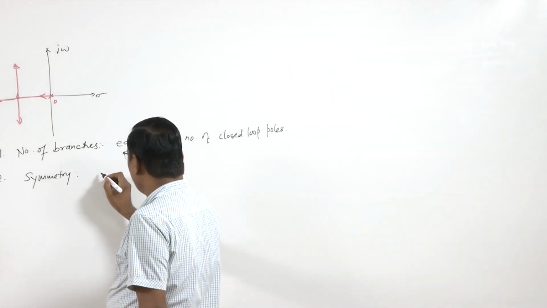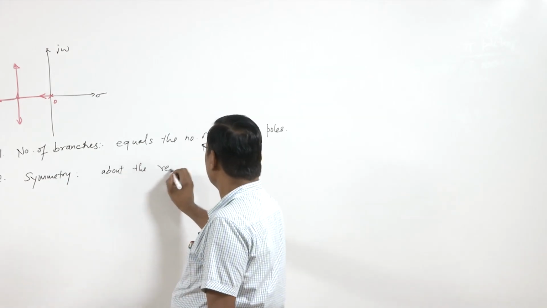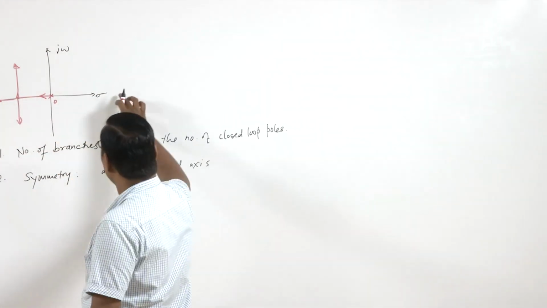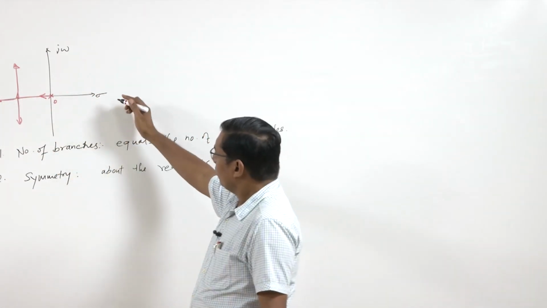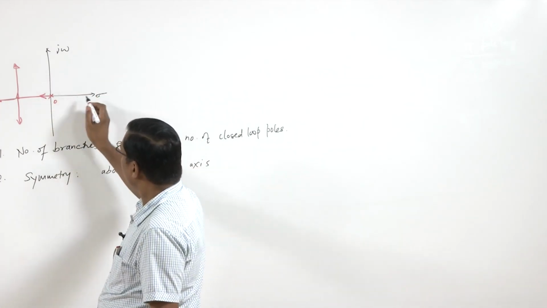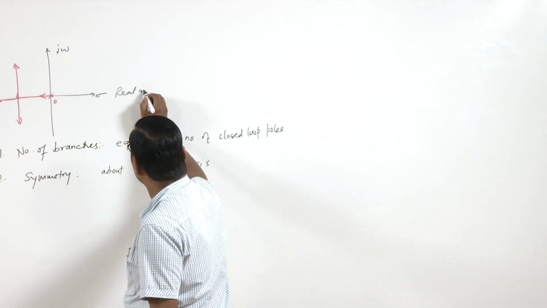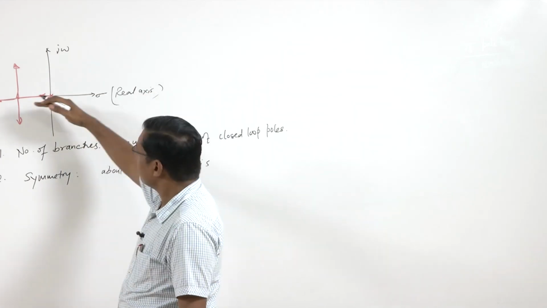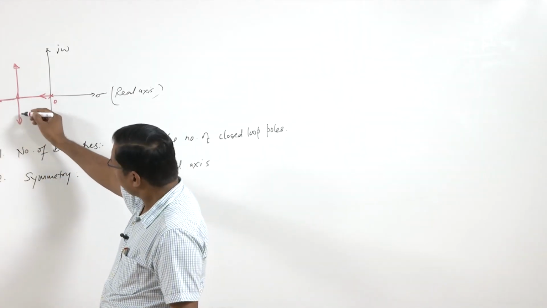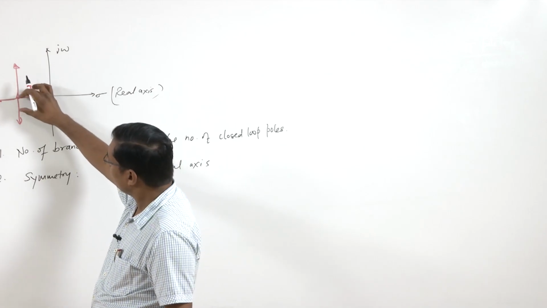This is the real axis, sigma, where omega is 0, and the root locus is symmetrical about this axis. We can see here that once it leaves this axis, it leaves symmetrically.